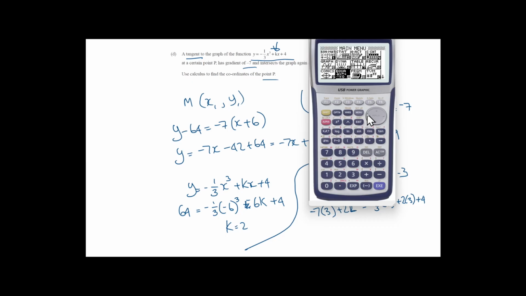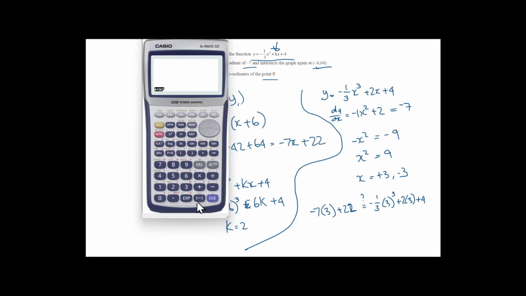Let's do a logic sequence using the calculator. So negative 7 times 3 plus 22 equals negative 1 over 3 times 3 cubed, which is 27, plus 2 times 3 is 6, plus 4. Yes, it's true. So at 3.